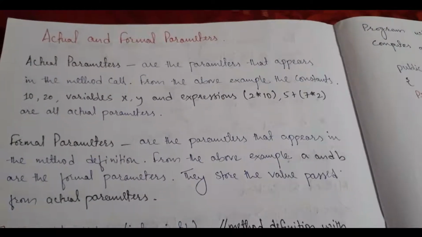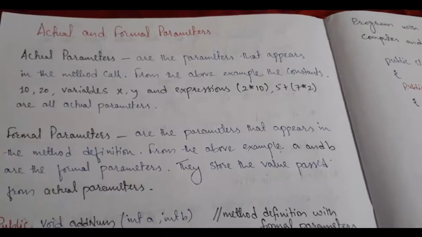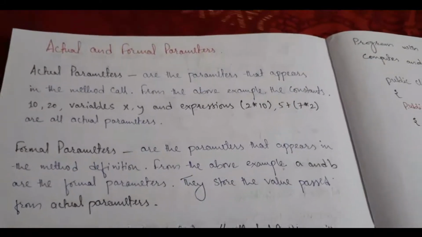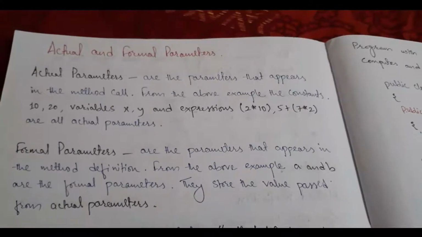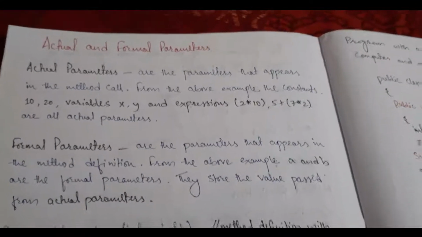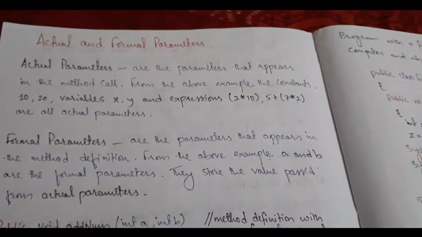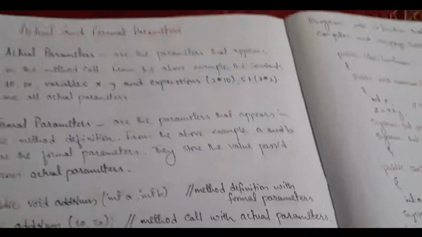Sometimes in the first part of the question, some programming portion will be given, and from there you have to identify which one is the formal parameter and which one is the actual parameter.